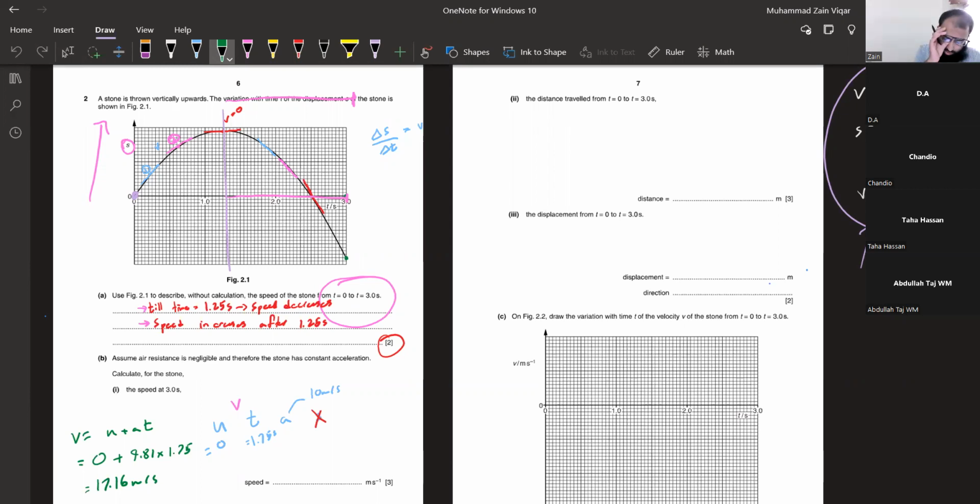So the next part, the distance traveled from time t equals 0 till time t equals 3 seconds. Now I need to find the distance, and the keyword here is distance, not displacement. There's a difference. For both sections, no, we can't count boxes in this question. Boxes basically refer to area under curve.